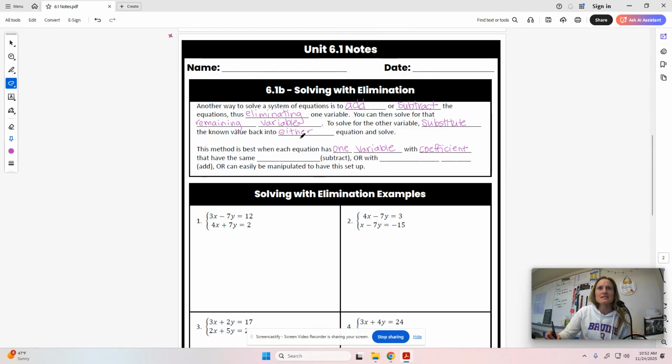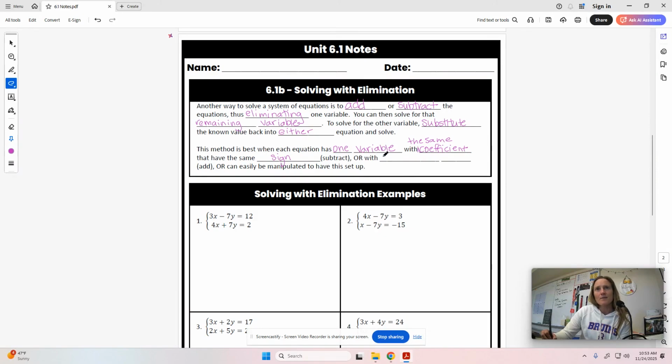So the method is best when each equation has one variable with the same coefficient. And if those two coefficients have the same sign, we would subtract the two equations. As you see on number 2, it's both a -7, so we would end up subtracting so that they cancel out.